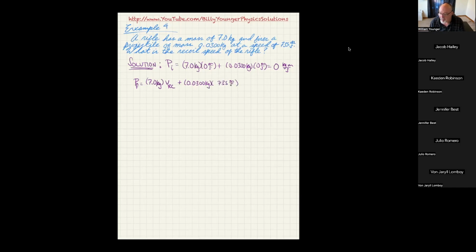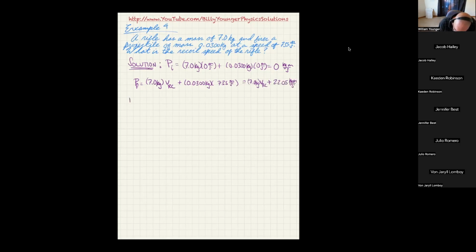Okay. I'm assuming that my positive direction will be the direction that the projectile goes. So in this case, I'm going to get 7.0 kilograms times V recoil, plus 0.0300 times 735. That gives me 22.05 kilogram meters per second.